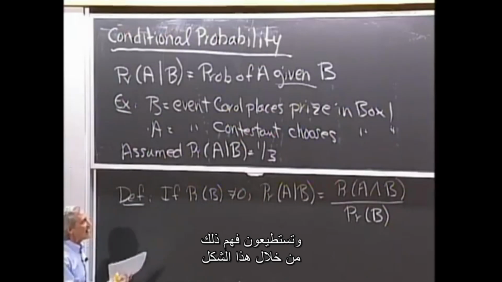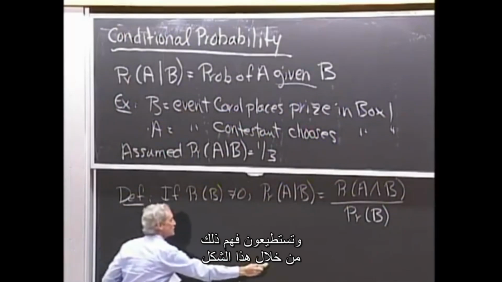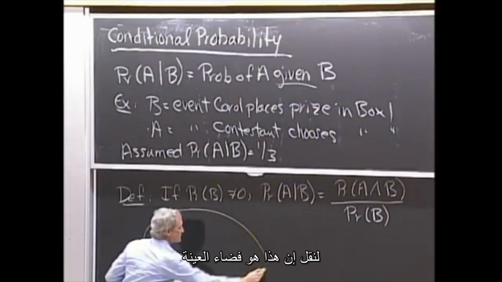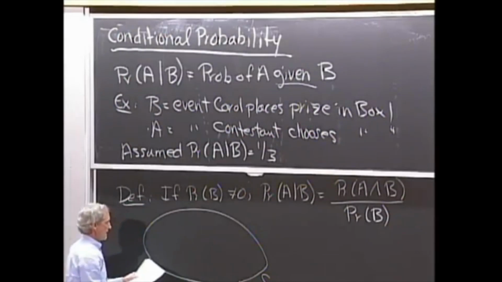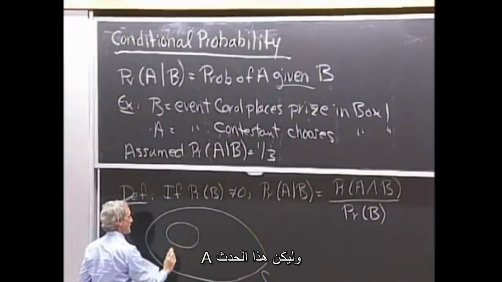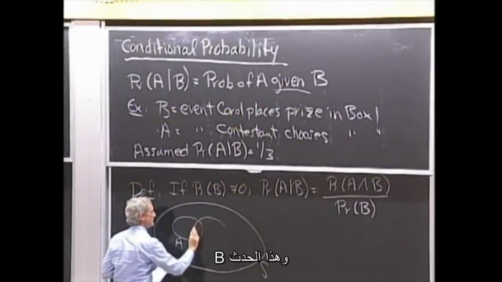And you can see why this makes sense with a picture. Say this is our sample space, and let this be the event A, and this be the event B.